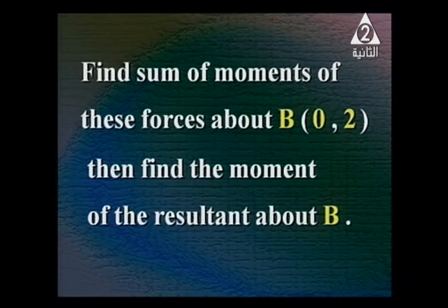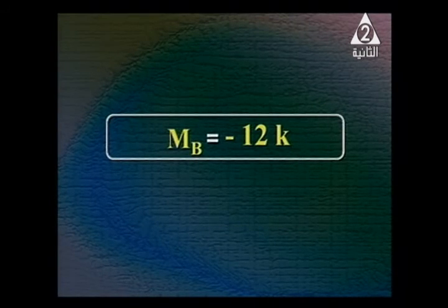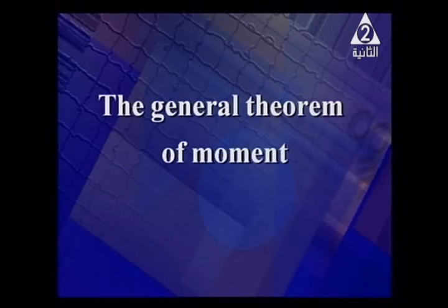What is required? Find the sum of moments of these forces about B, 0, 2, then find the moment of the resultant about B. Remember, using the previous rules, we find the moment of all forces equals negative 12 K.